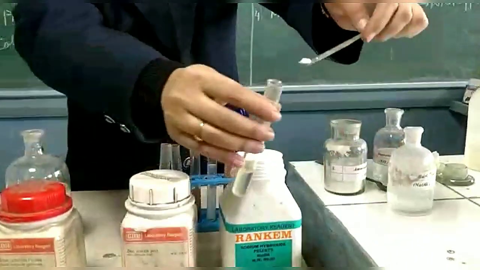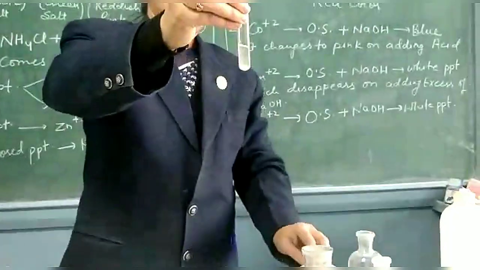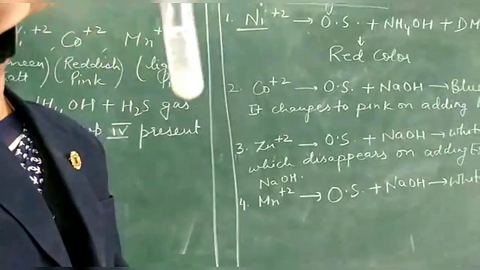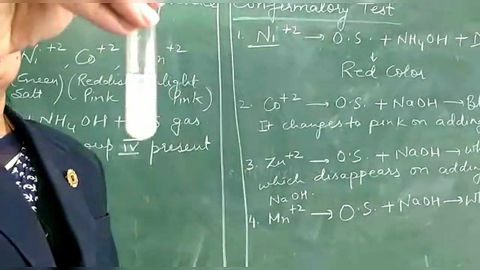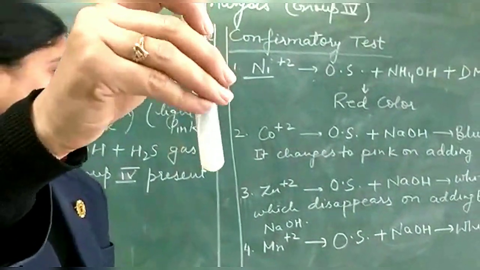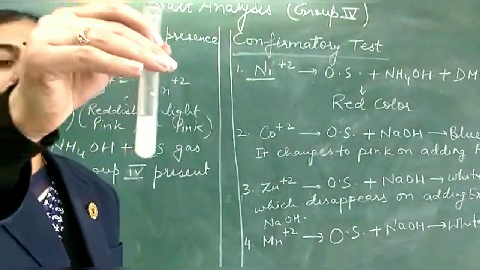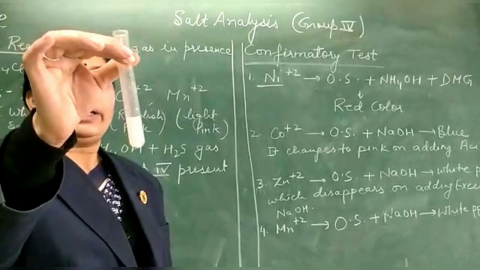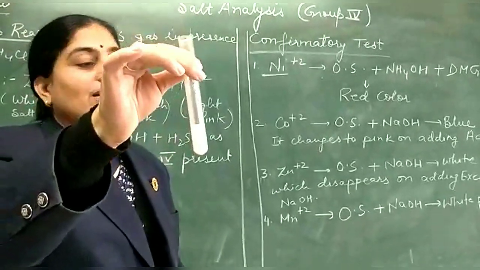Look, I have taken a single pellet and added it, and it starts reacting, and see the precipitate starts forming, and a very good precipitate will form. If I take excess of NaOH, it becomes colorless, or this precipitate disappears. So this is the precipitate that forms in the case of zinc ion. Again it confirms the presence of zinc ion.